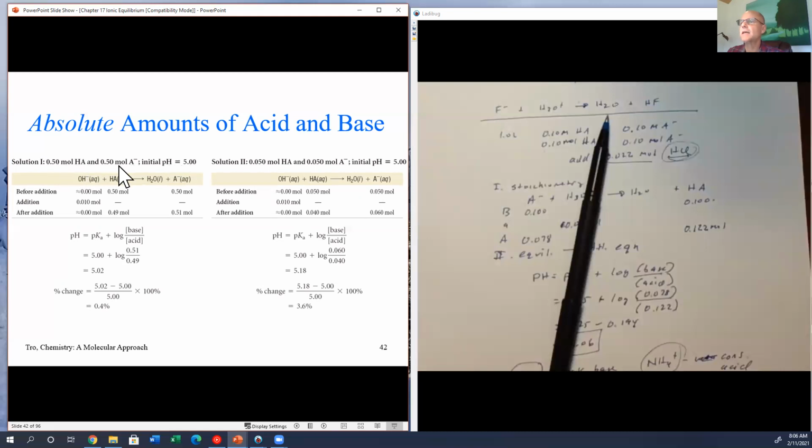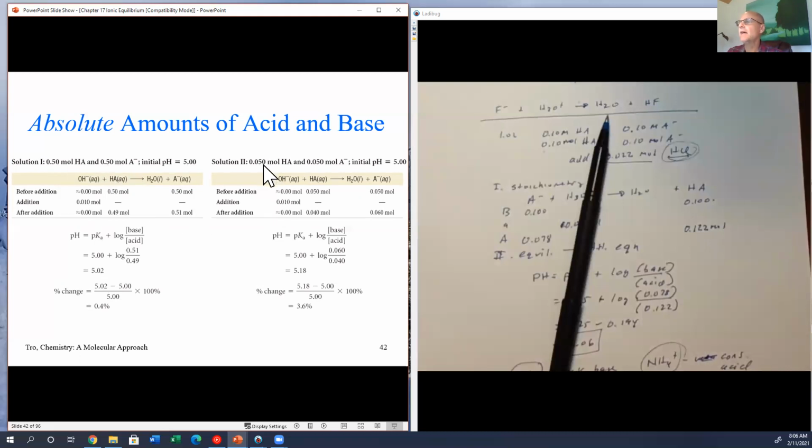The initial pH is the same. Now I'm going to add 0.010 moles of OH minus. Here's my BCA table. I plug the new amounts into my Henderson-Hasselbalch equation, and now the pH only changes to 5.02. So from 5 to 5.02 when the amounts of acid and base are fairly high.